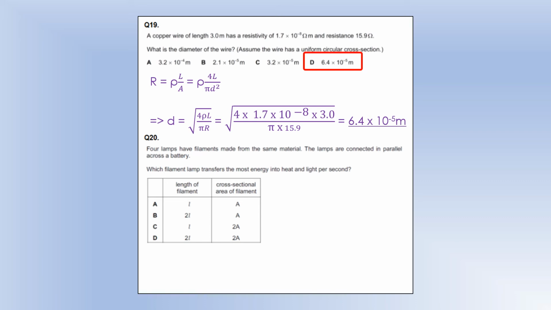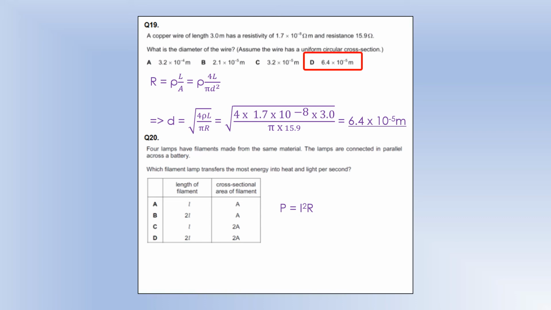Four lamps have filaments made of the same material. The lamps are connected in parallel across a battery. Which filament lamp transfers the most energy into heat and light per second? We're going to need to use P = I²R, so we want the one that has the biggest current. The first thing I'm looking at is that options A and D are clearly the same.